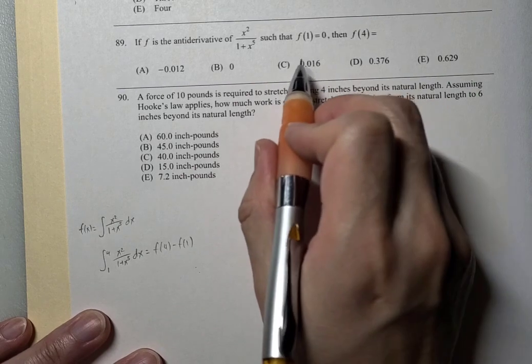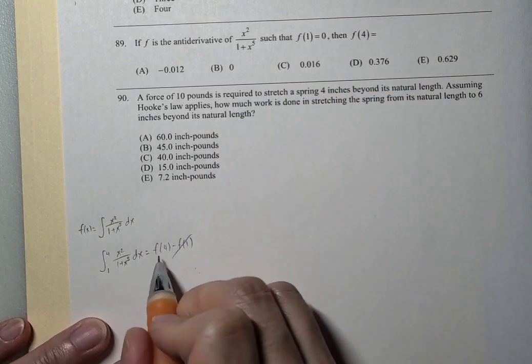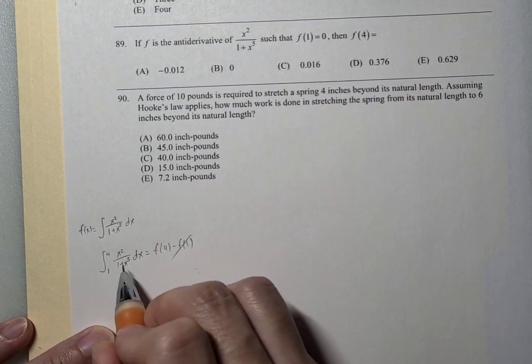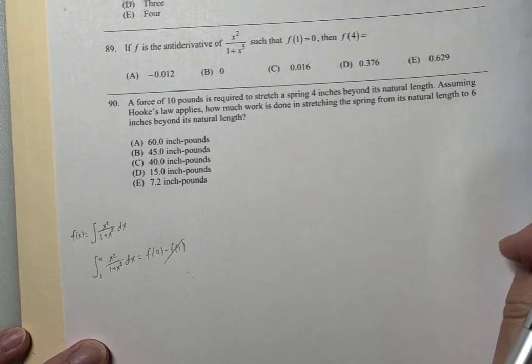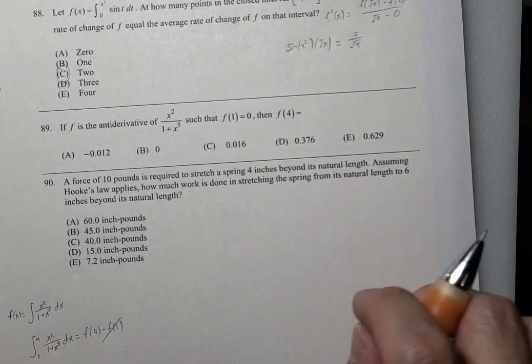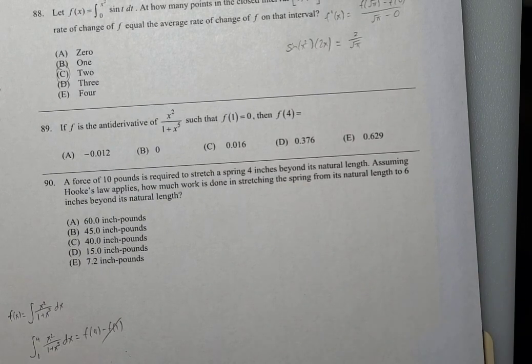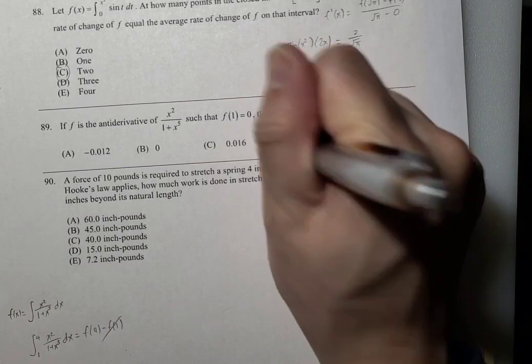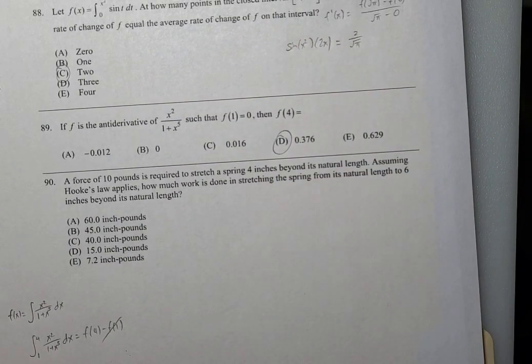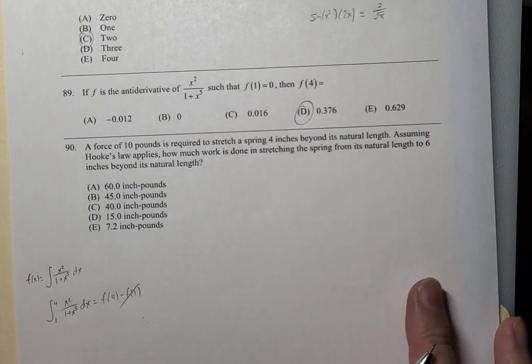Okay? And we know that f of 1 is 0. So f of 4 is just this integral, which you can put into your calculator. And if you do, that is, what's the answer that I got? 0.37 something? Yes. So it'll be that one, okay? That's how we do that one.